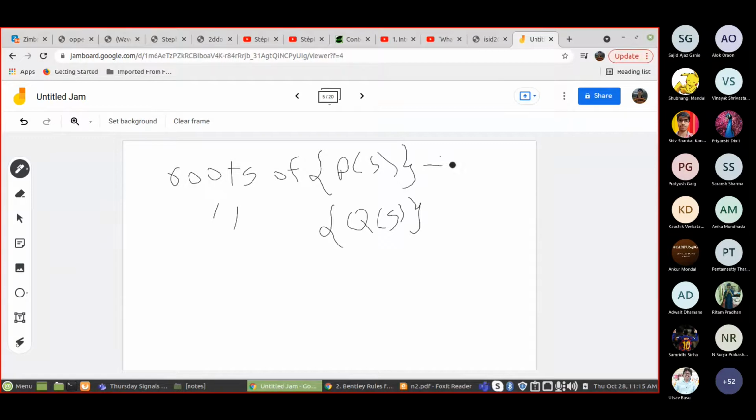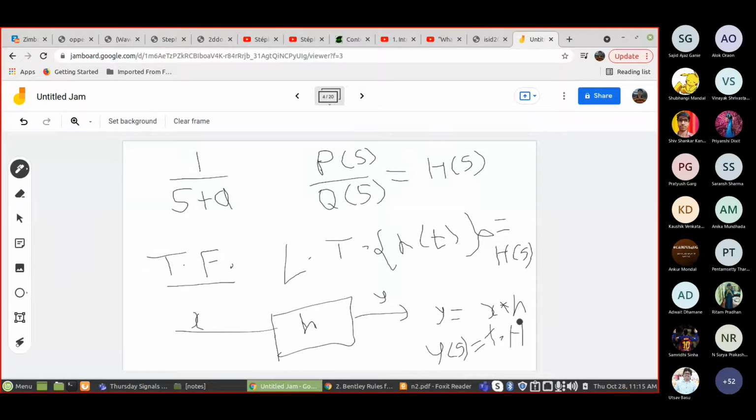These are zeros, let me call them Z, and these are poles. I will explain why these are called poles. Sort of intuitive, but just hold on to these cases. So what are poles and zeros? You have an impulse response.